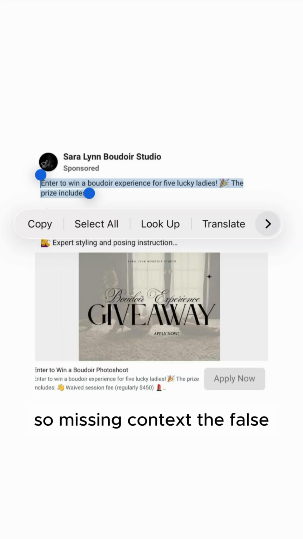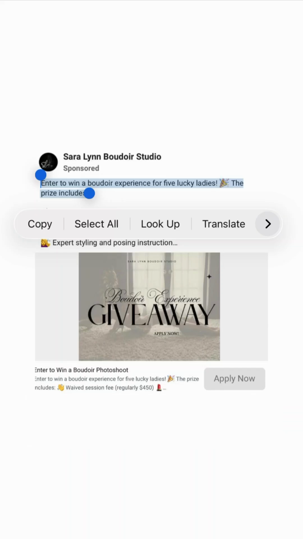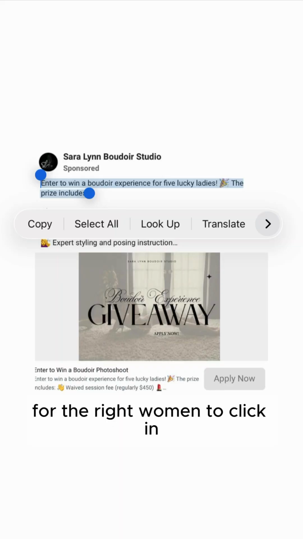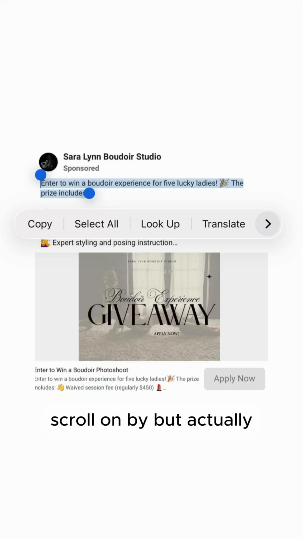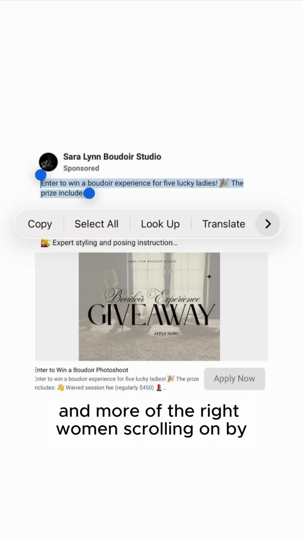So we're missing context. The false belief that caused us to make this mistake is that we actually believe we're providing enough context for the right women to click in and the wrong women to scroll on by. But actually, we're gonna get more of the wrong women clicking in and more of the right women scrolling on by.